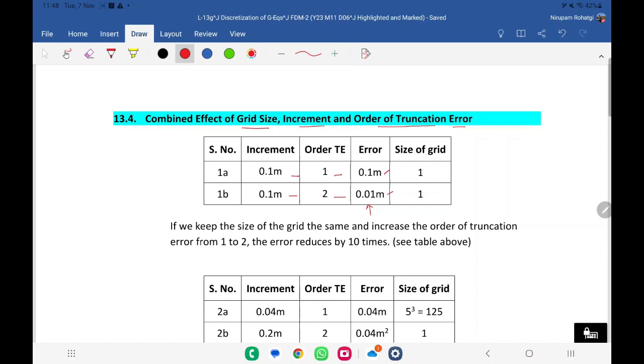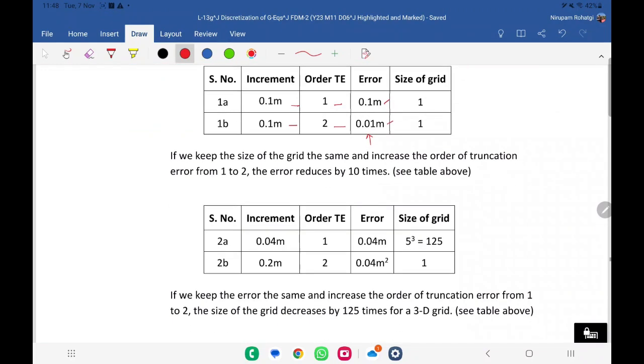Your truncation error would reduce by 10 times. In other words, what you can do is keep the truncation error the same. Then what will happen if there are two simulations, two formulations, in which the truncation error is the same?